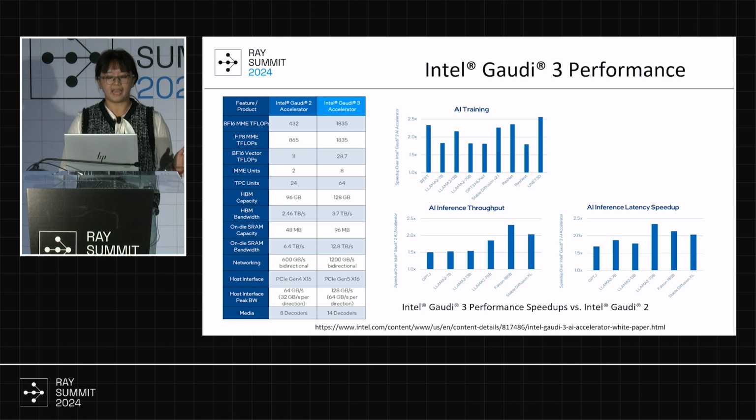On the right side, there are performance improvements: the top part is training, and the bottom part is inference throughput and inference latency. We observe a 1.75x performance improvement in the training scenarios. Because training is compute intensive, the increased compute ratio provides immediate performance gain.